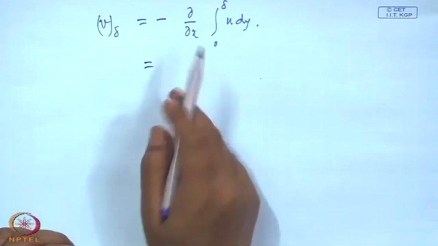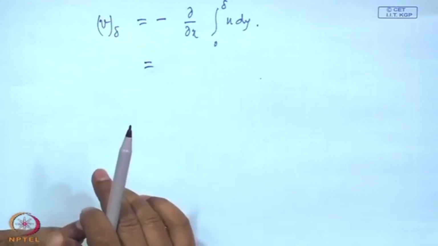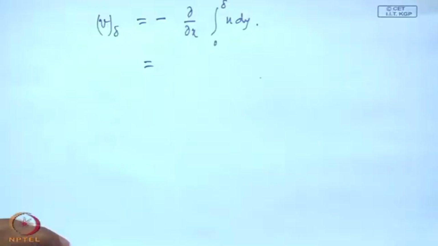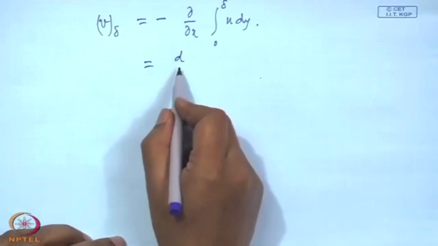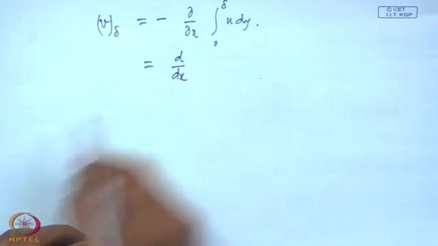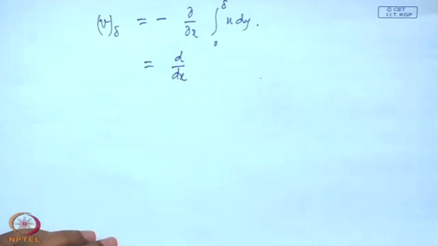And since we are integrating across y, these quantities are no longer functions of y. So, this derivative we can write as an ordinary derivative. Yes, what have you got? VE.